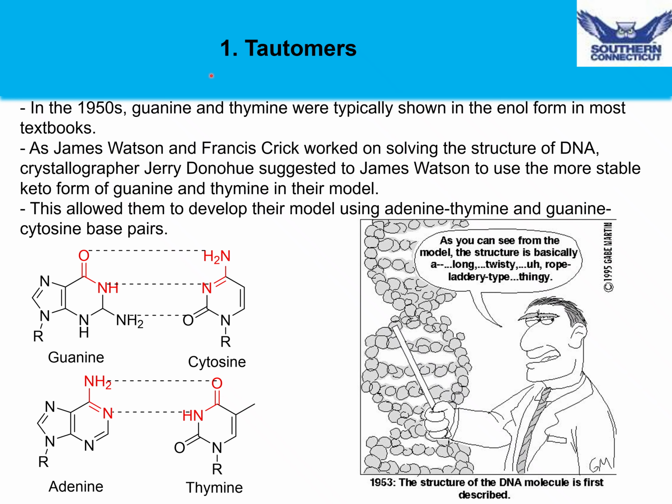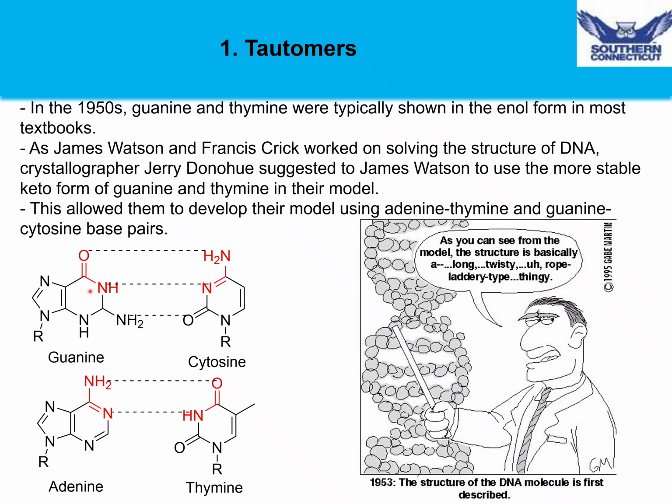Before the 1950s, many textbooks would show guanine and thymine in the less favored enol form. It was a crystallographer, Donohue, that suggested to James Watson to use the more stable keto form of guanine and thymine, which later helped them develop the 3D structure of DNA that we know today.